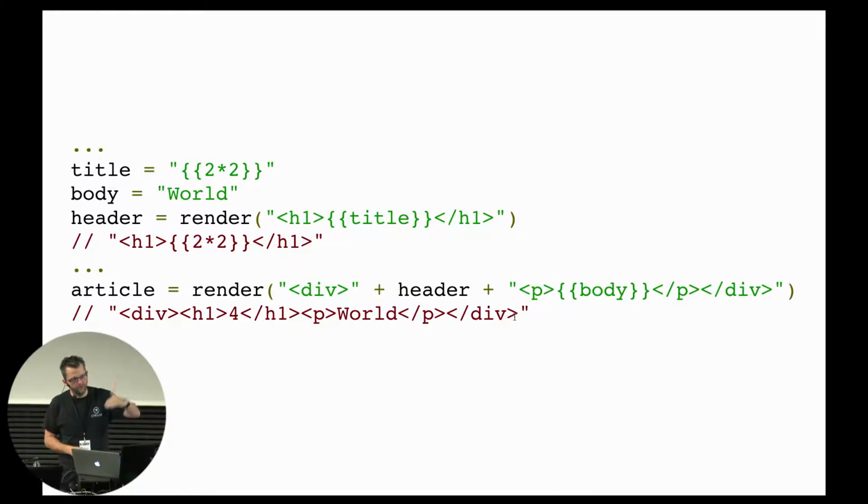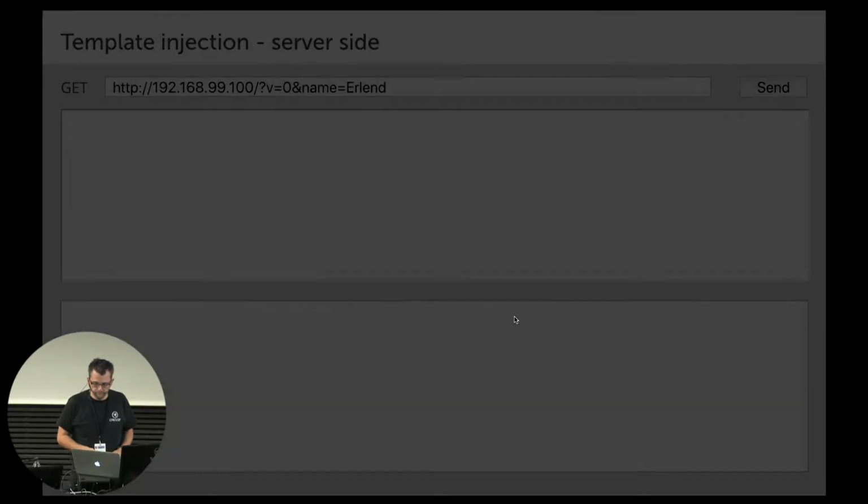And then we put that template into another template, and out comes the number 4 instead. This is pretty bad because now we actually can run code in there. We ran 2*2, which is not very interesting, but it's a way that we use to prove that template injection exists, much like alert in cross-site scripting.